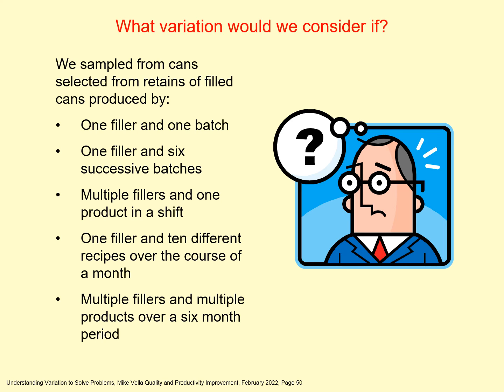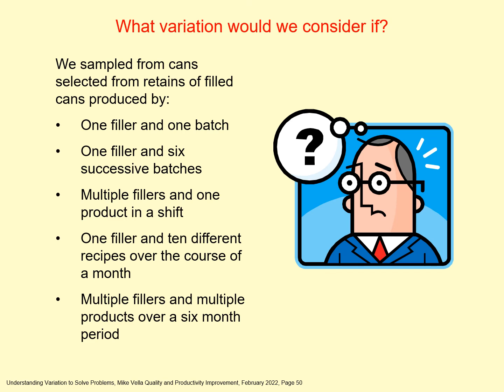Most likely there is. How about one filler and 10 different recipes over the course of the month? Well, you have, let's say, product X, which may be a vegetable going in a can, and maybe that vegetable has different ingredients or different sizes than the next vegetable. Does that impact the fill weight?